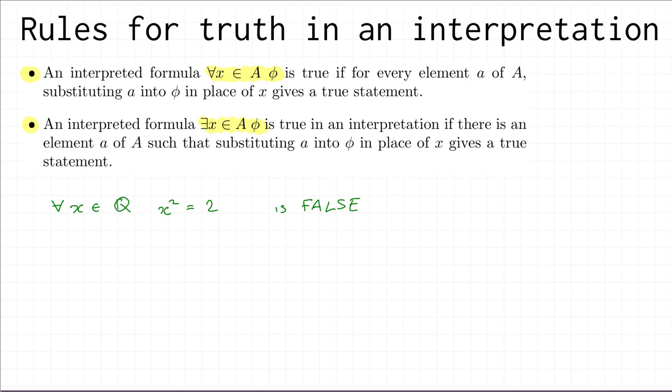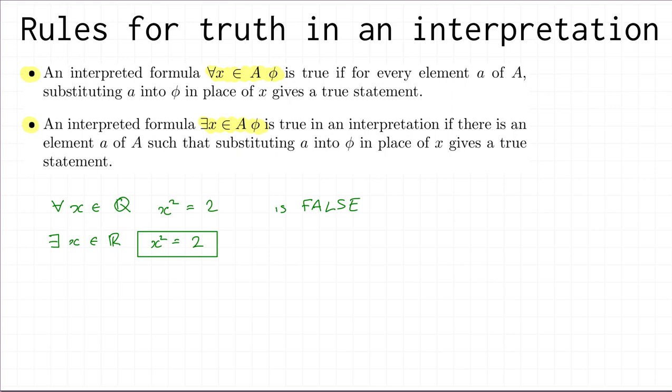So for example, let's say we had an interpretation which looked like there exists x in R such that x squared is equal to 2. Now, is there an element a in R such that when you substitute a in place of x, you get a true statement in this part here, the remains of the formula?